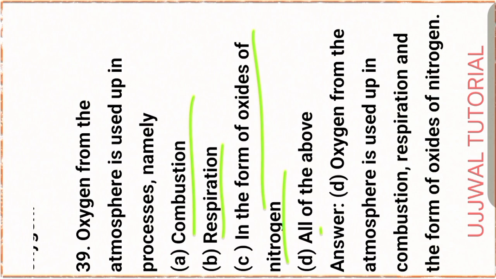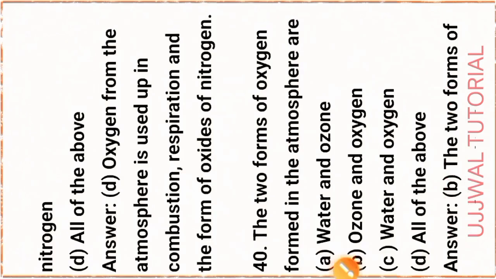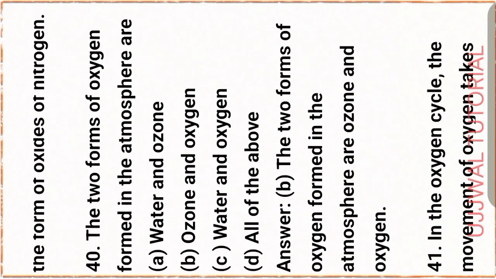That is option D, all of the above. Next question, number 40. The two forms of oxygen found in the atmosphere are option B, ozone and oxygen.